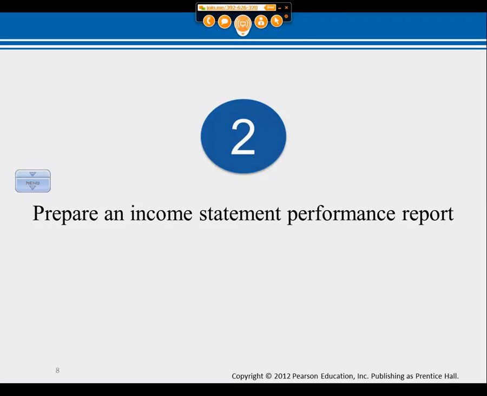Okay. So how do we prepare this income statement performance report? We'll be using for this our flexible budget. Why do we need this income statement performance report? We want to let our managers know why and where this unfavorable change occurred, or maybe favorable, so that we can grow from this, right?